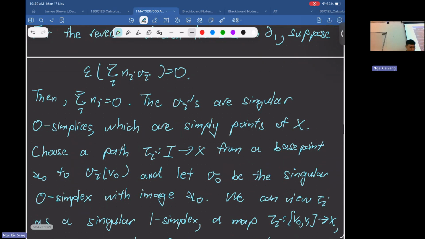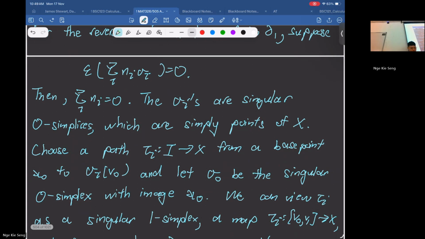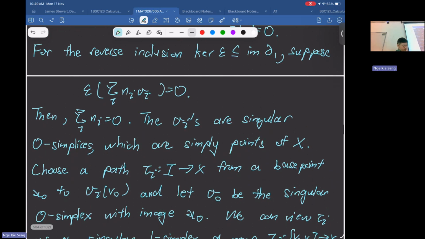So suppose that you have a linear combination that evaluates to 0. That means the coefficient sum is 0. So how to build sigma? There's some observation here.